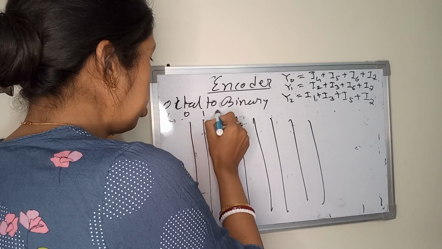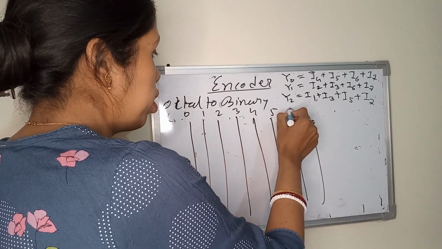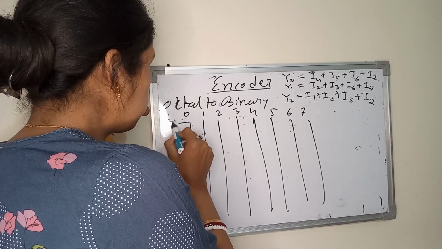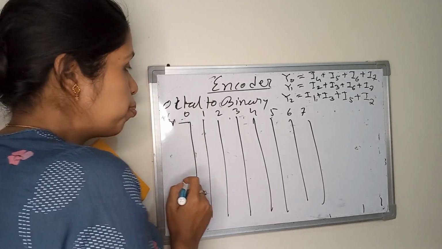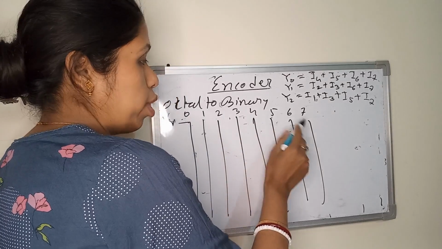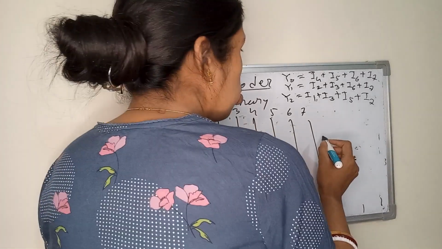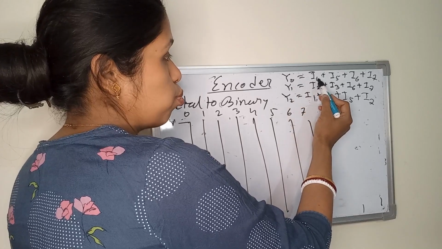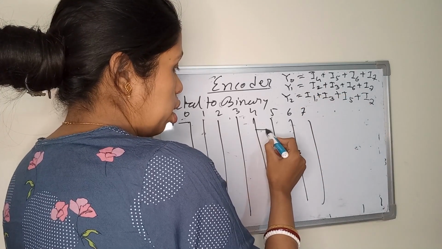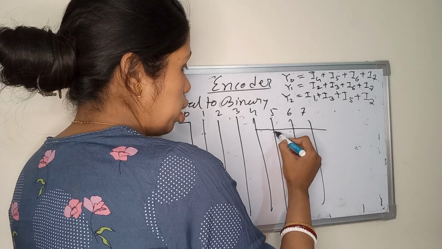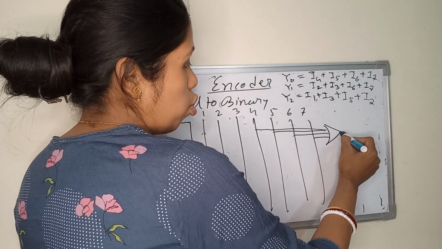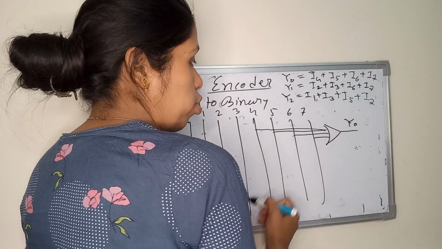The input lines are all connected to 5 volt. For Y0, I'll take the connection from 4, 5, 6, 7, and I'll use an OR gate. Here you will get Y0.